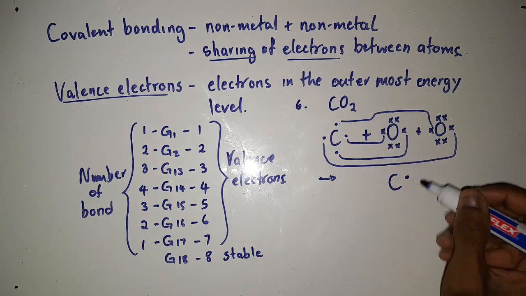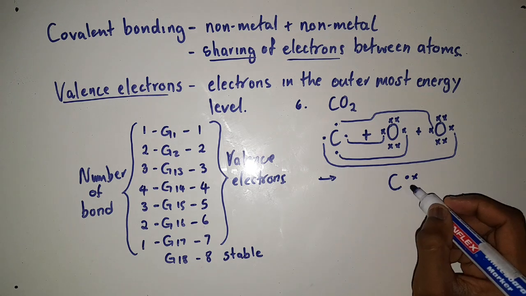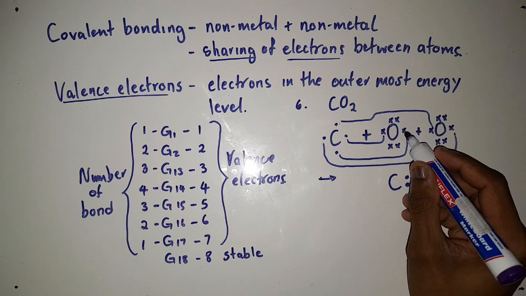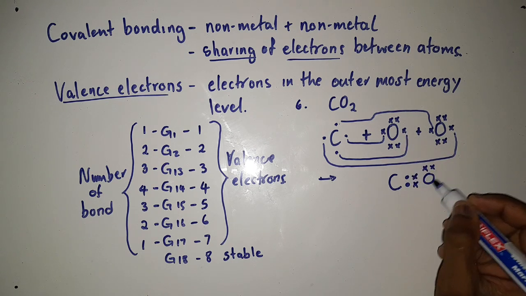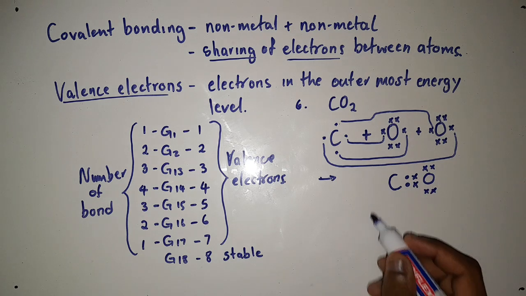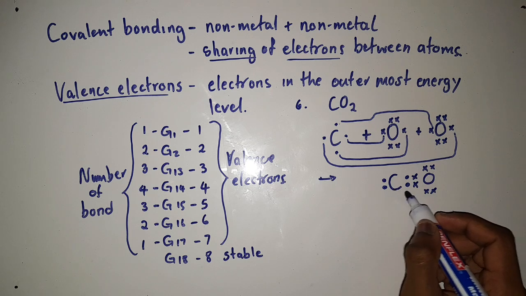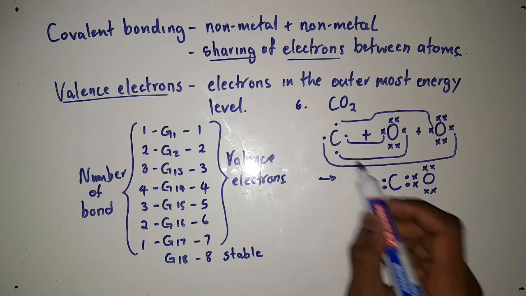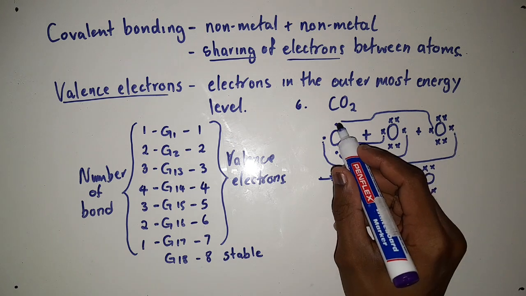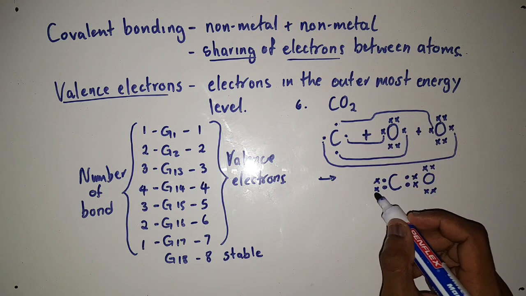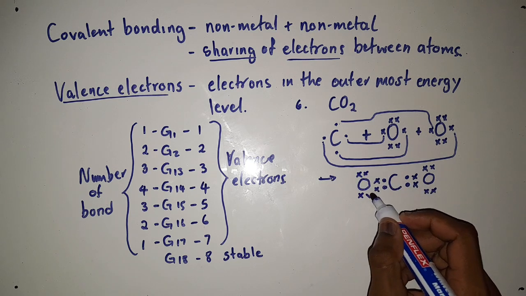One of these with this one, let me just put X like this. One of these electrons is going to be paired with this X. Then I have O like this. Then this side, I'm going to have something which is more similar to this one. One of these is going to pair with this X. One of these is going to pair with this. Then I get O like this, which is X, X.